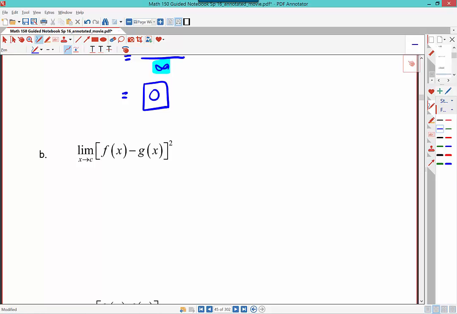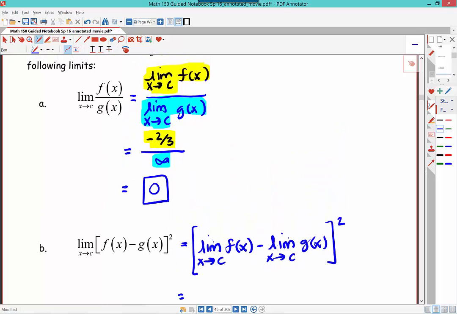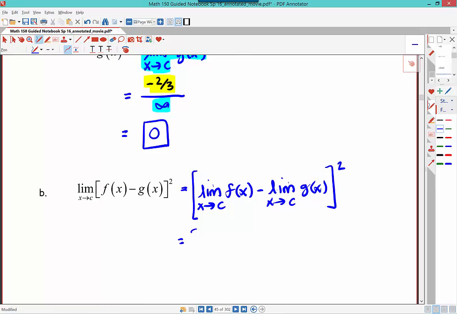So here, this is going to be equivalent to the limit as x approaches c of f of x minus the limit as x approaches c of g at x. And that whole thing will be squared. So I brought the limit notation into that most outside function of the composition. So a lot going on with this one. And what was the limit as x approaches c of f of x? Remember, it was -2/3. Good.